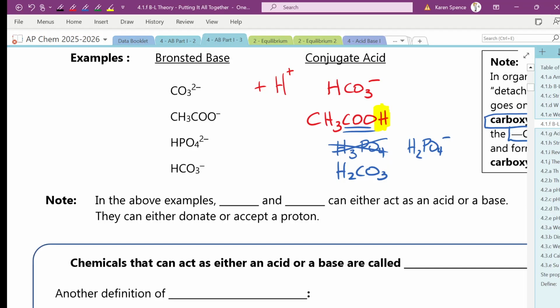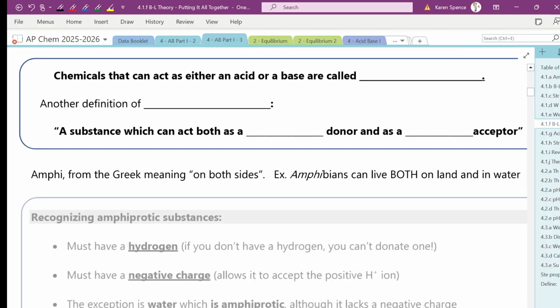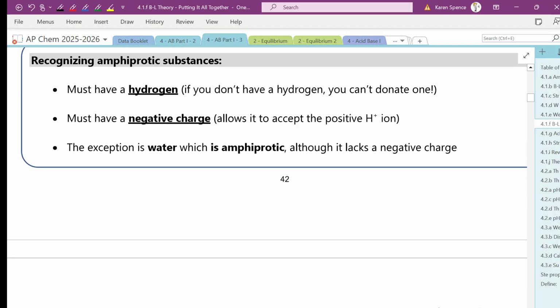So let's make sure that we have defined a conjugate acid-base pair. Let's toss that at the bottom of the page.